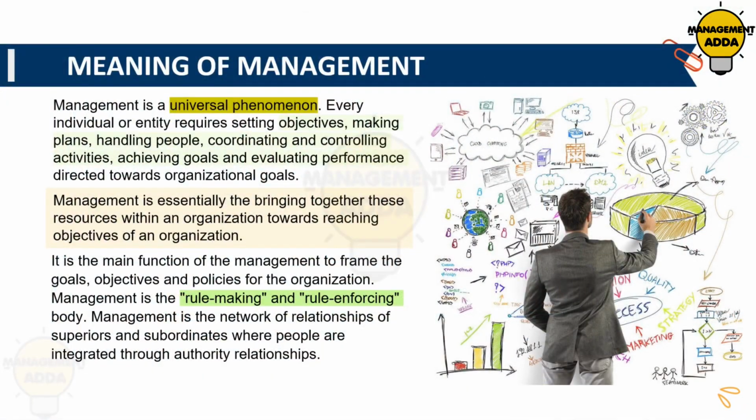Management builds a system where leaders and team members work together through a clear structure of roles and responsibilities. You have seen wherever you are working, your head has certain rules, certain roles, certain responsibilities, and we all actually follow. If we are working under them, we are following.